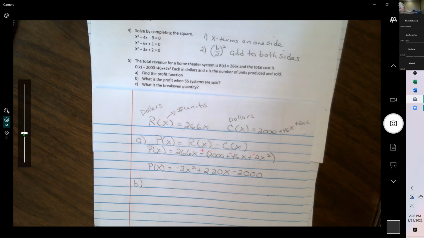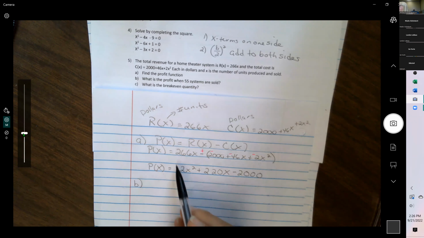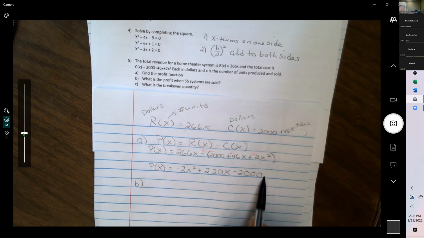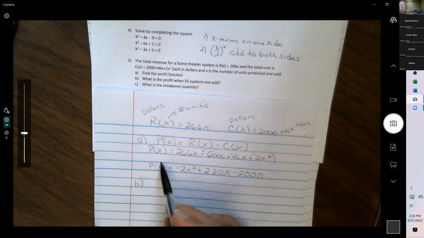What is the profit when 55 items are sold? Well, if we want to know the profit when 55 items are sold, we need to decide if 55 goes in for X or for profit. We'll think about the terms and what each is. 55 is the number of units or the systems. What is profit? We're looking for profit.